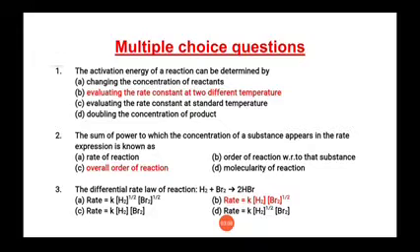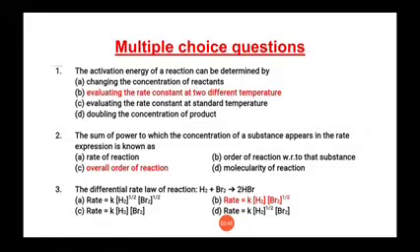Now we know that to find the activation energy we require two rate constants at two different temperatures, probably 25 degrees centigrade and 35 degrees centigrade. So here our answer must be B: activation energy is determined by evaluating the rate constant at two different temperatures.